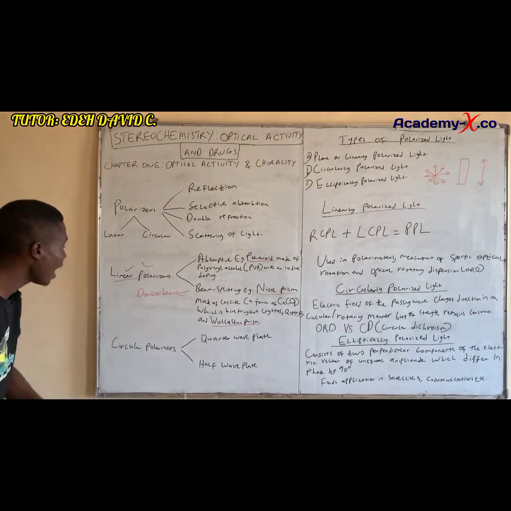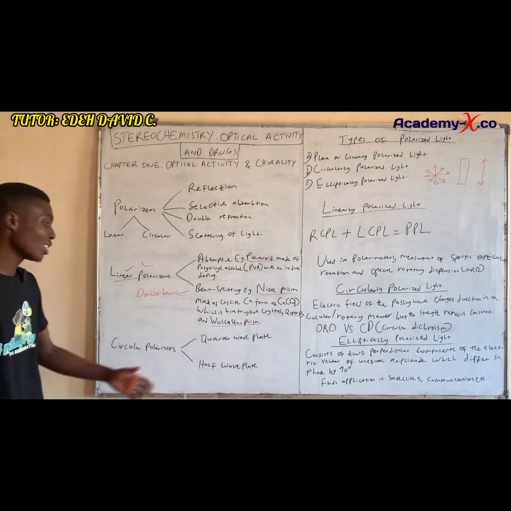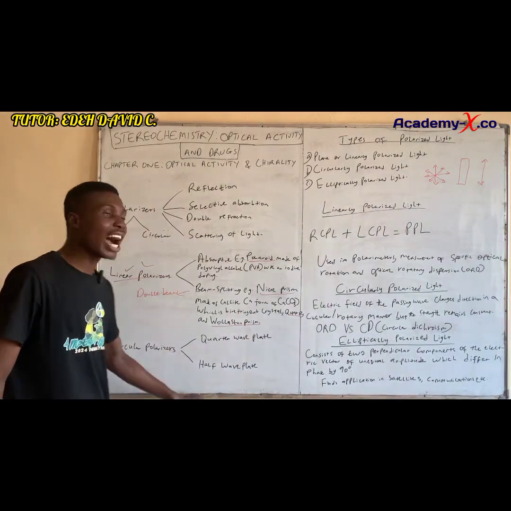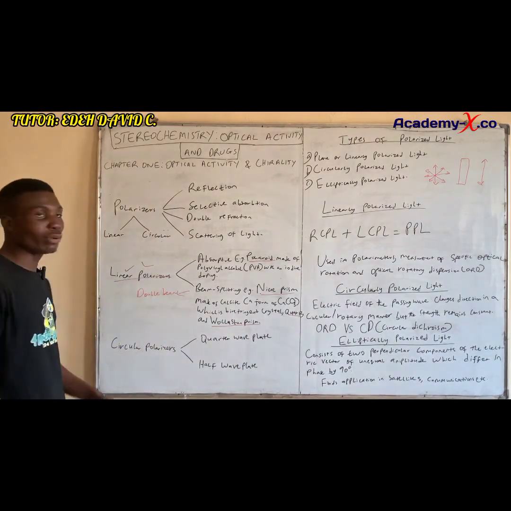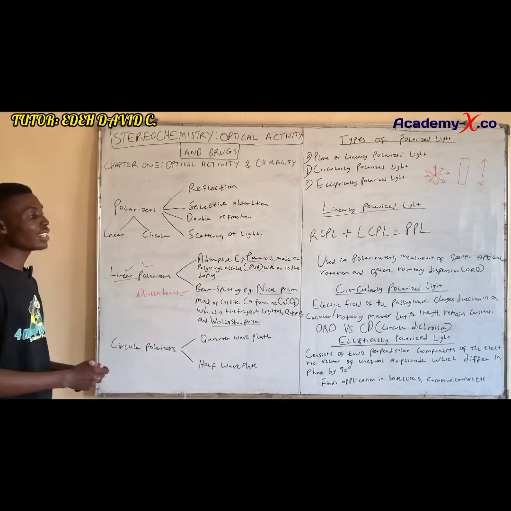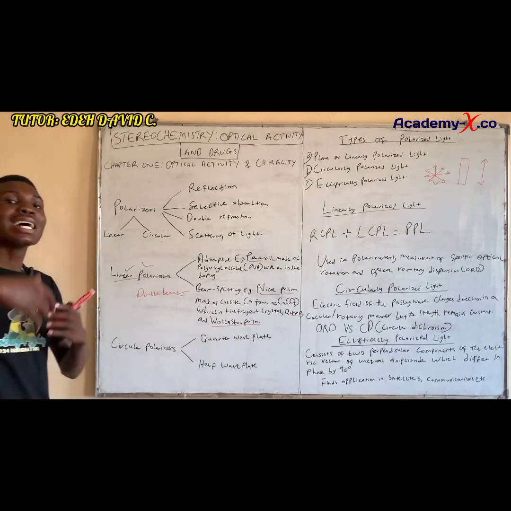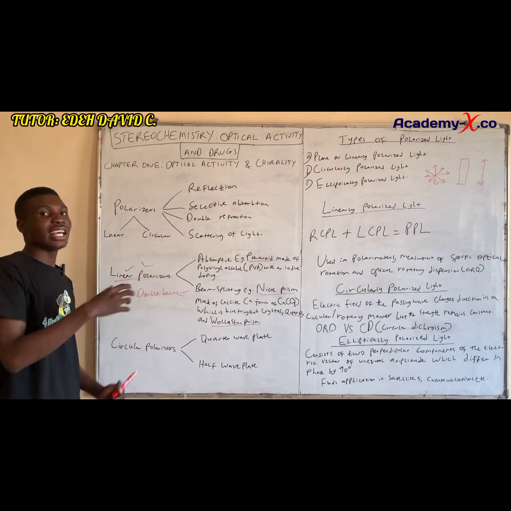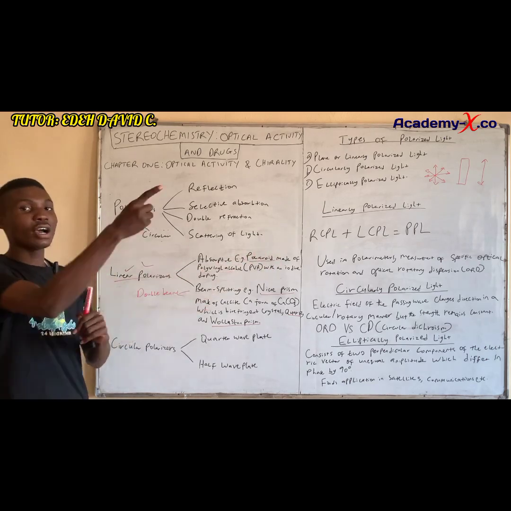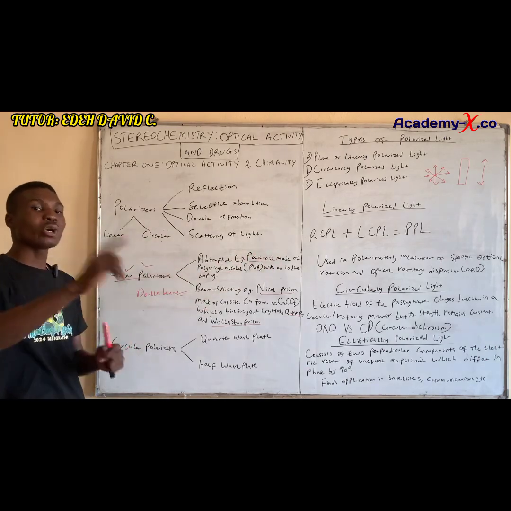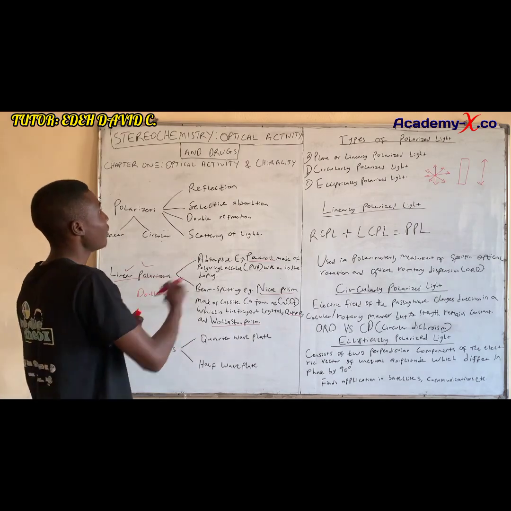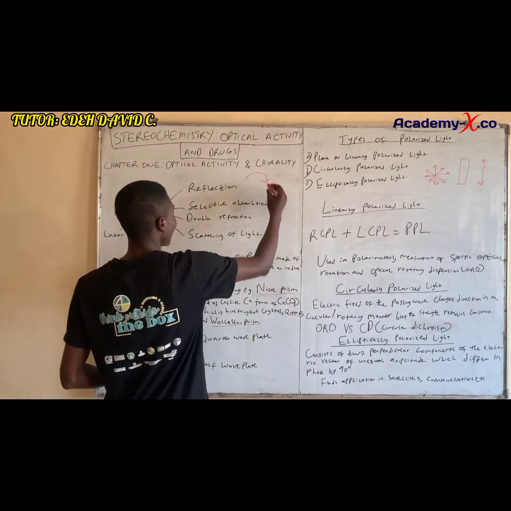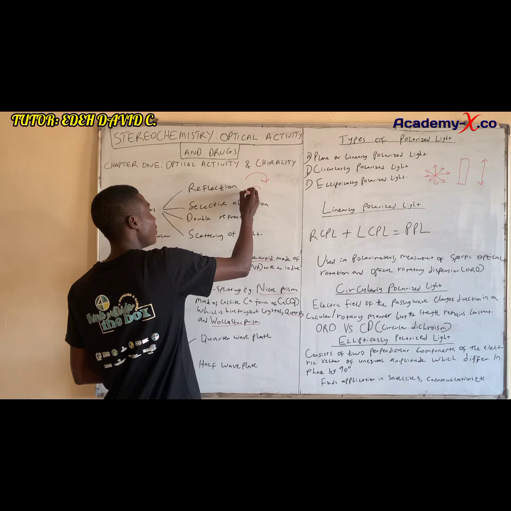Then for the circular polarizers, we have the quarter wave plate and we have the half wave plate. Now, circular polarizers produce circularly polarized light. That is light that is rotating. It is not straight, it is rotating in a particular direction. So it can be right-handed, rotating this way, and it can be left-handed, rotating this way.